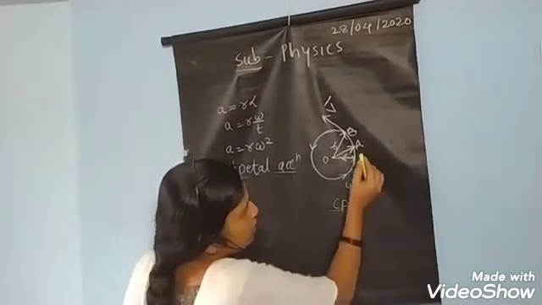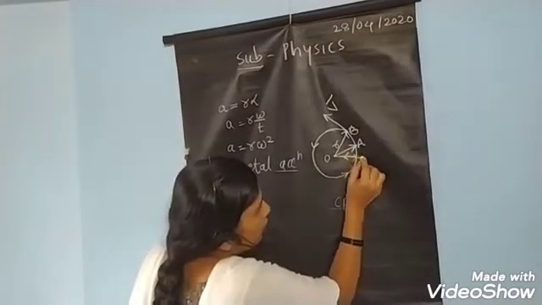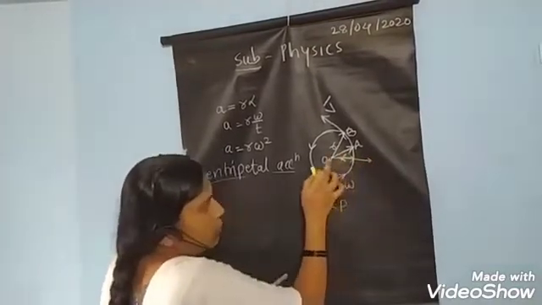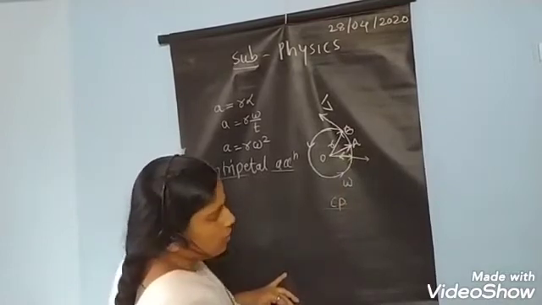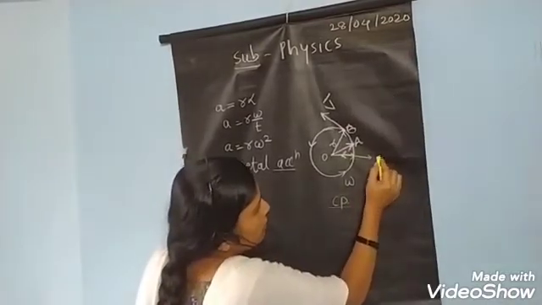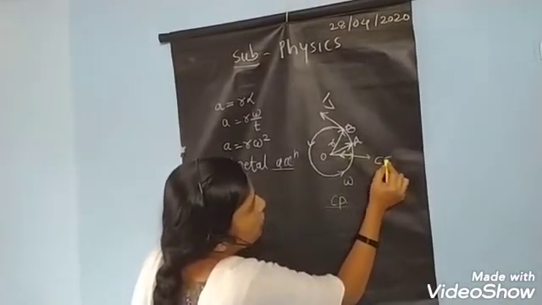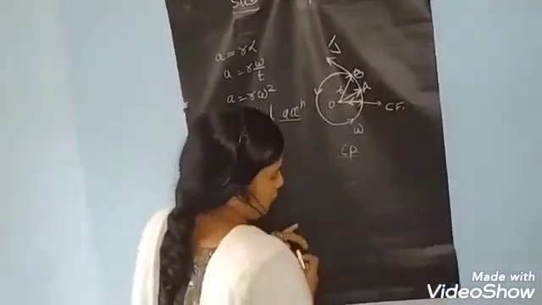If the acceleration acts away from the center but along the radius vector, then it is called centrifugal acceleration.